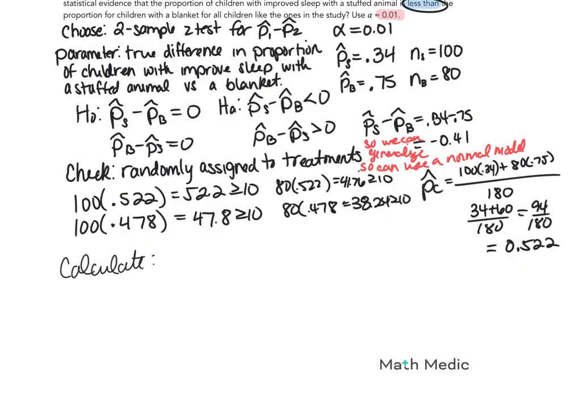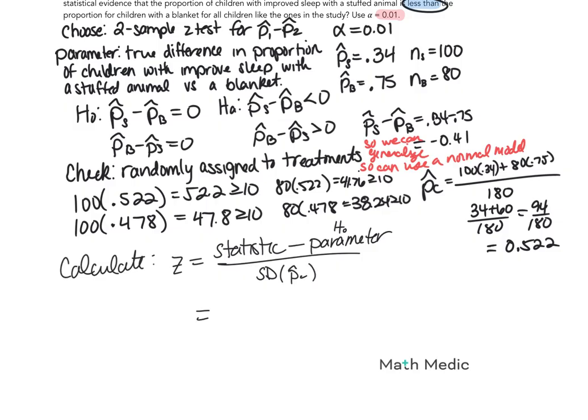Now in general, our formula for a z-score, our test statistic is the z-score, is the statistic minus the parameter, which in this case is our null hypothesis, divided by the standard deviation for p hat combined, basically.